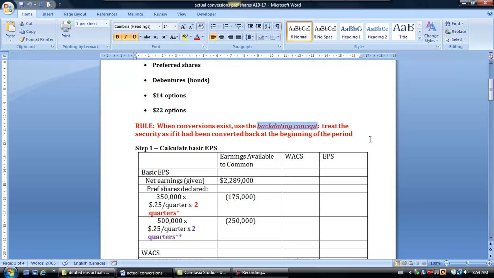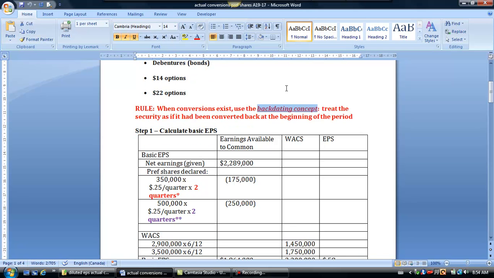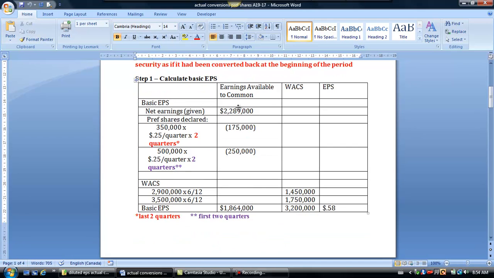Okay, 3 months earlier. So the concept is the same as we've always been doing when we assumed no conversions, but now we only have to convert part way back to the beginning of the year because the conversions actually took place.